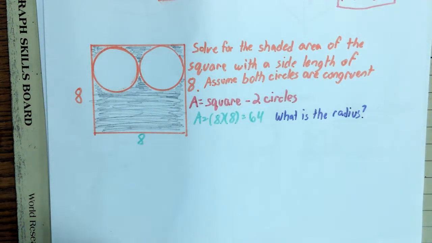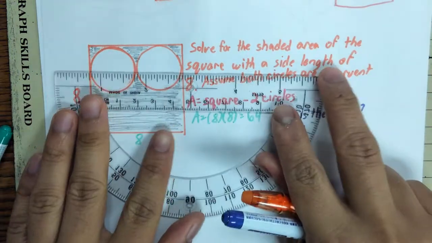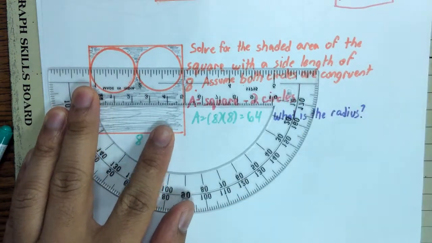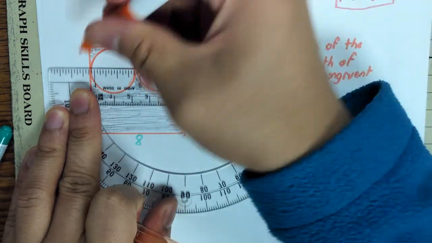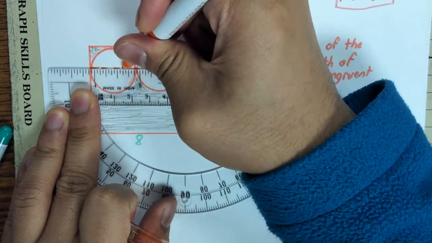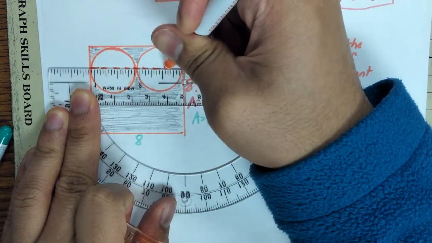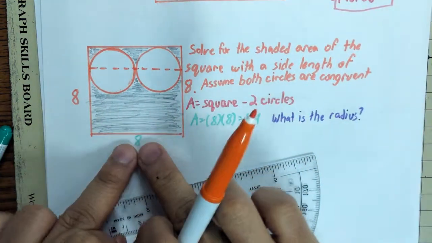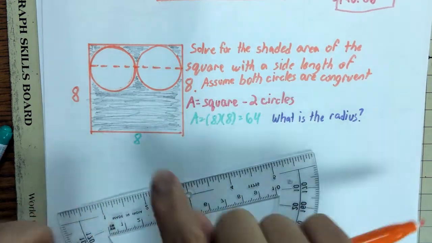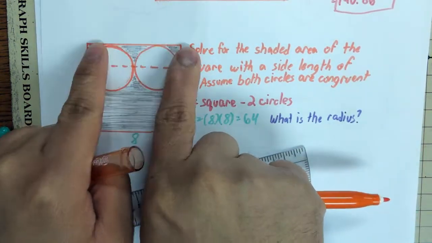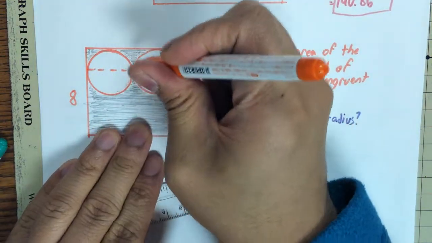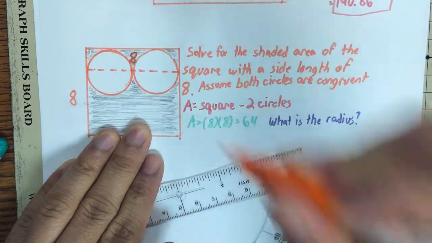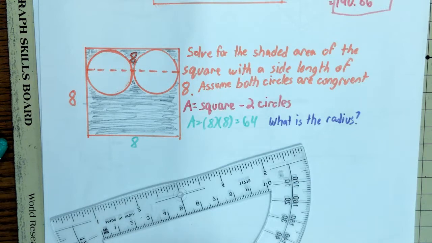Because this is a square, we know that this line that I'm about to draw, if this part down here is 8 units, up here is 8 units, that means over here it's also 8 units. So there's an 8 units.